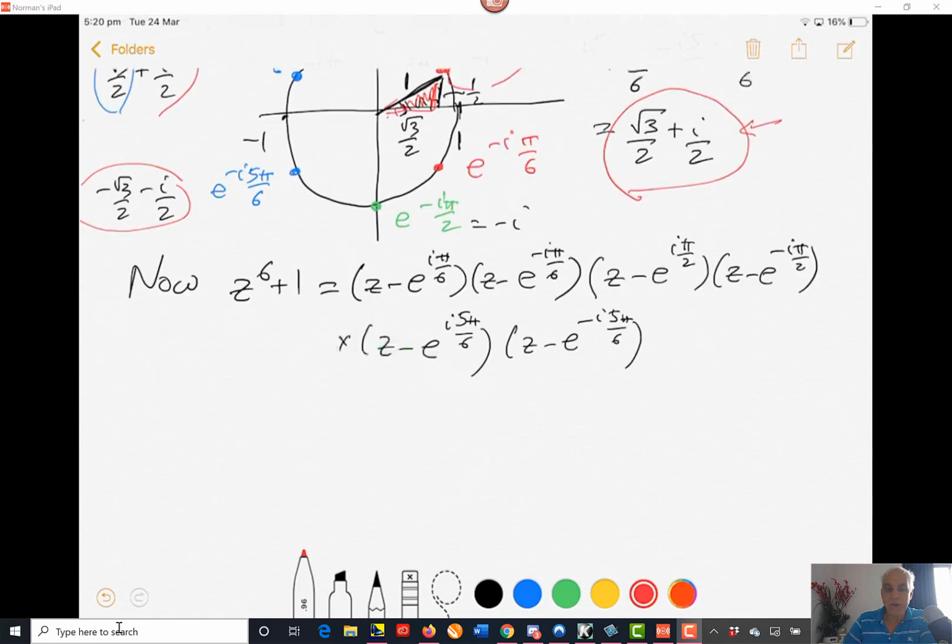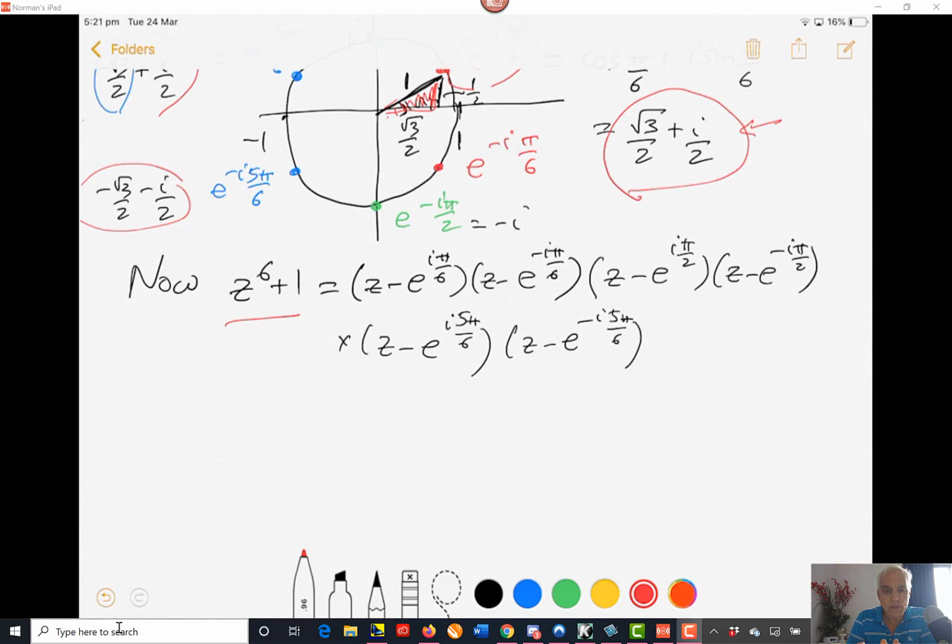Now, we have factored our polynomial into a product of linear factors, and that's what the factorization theorem, the consequence of the fundamental theorem of algebra, allows us to do. But in fact, we can go further in this kind of situation and remove the complex number aspect to revert to something that's purely real.